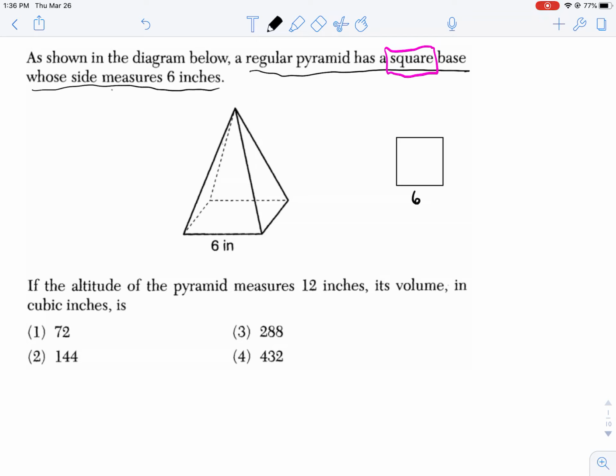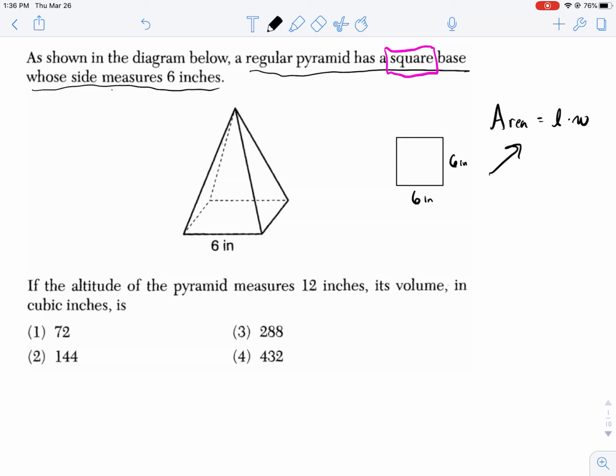All right, which means this is 6 inches, which means this is 6 inches, and so on and so forth, okay? So that's just the properties of a square, right? All sides are the same. In order to find the area of a square, it's length times width. Okay, so keep that in mind.